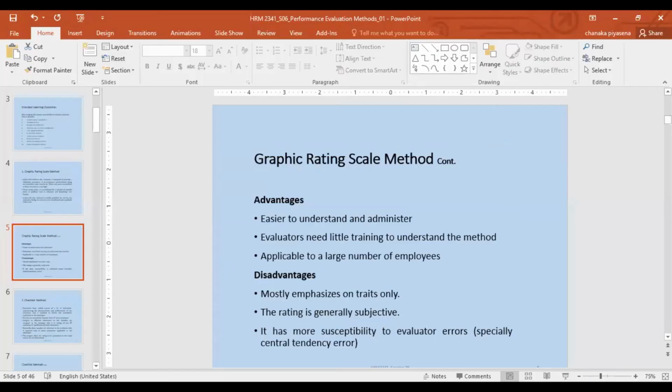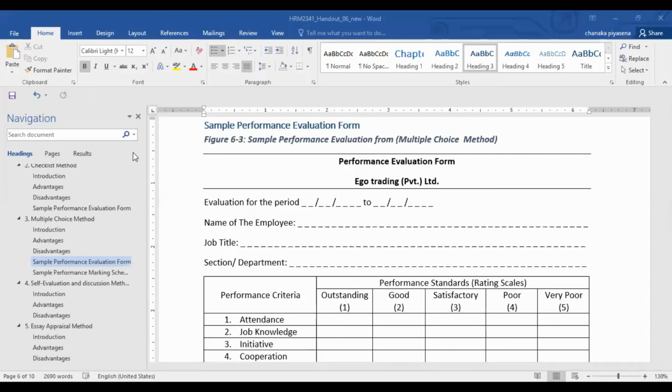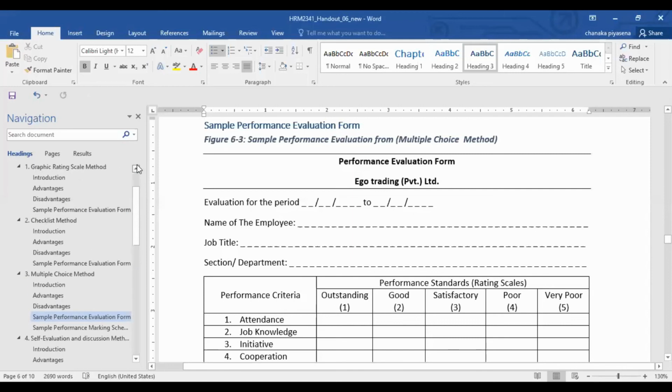When we move to the practical example of a performance evaluation form of this method, it is here.